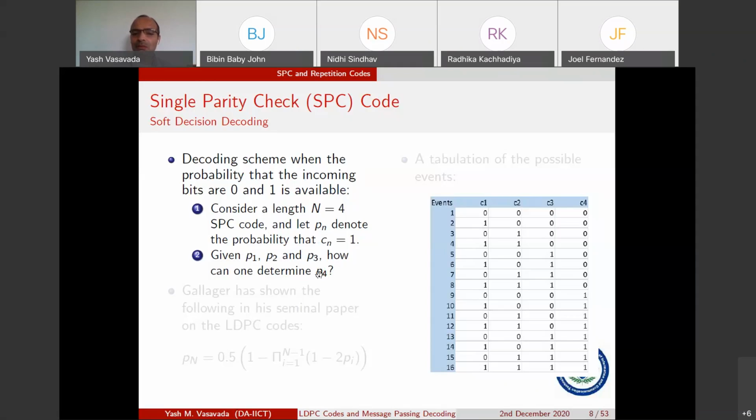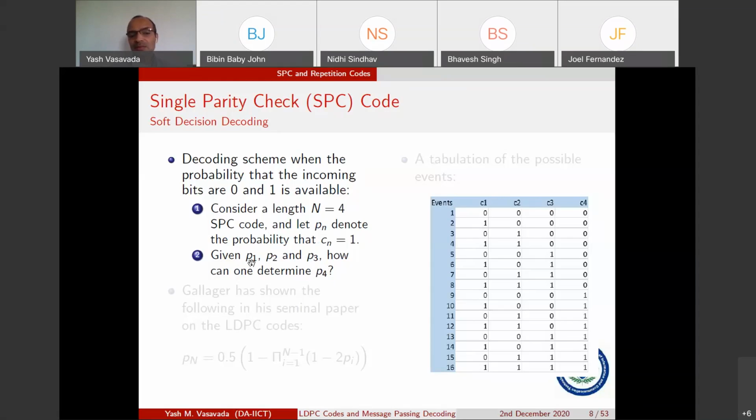Then what would I say the value of P4 would be? I would say that P4 is most likely going to be very close to 1 also, because when the first 3 bits are 1, then the 4th bit has to be 1 also.